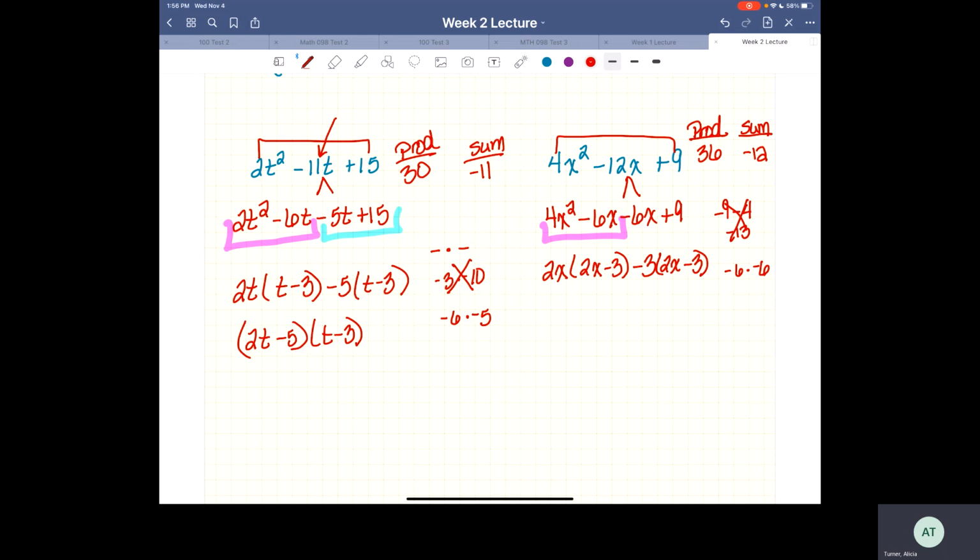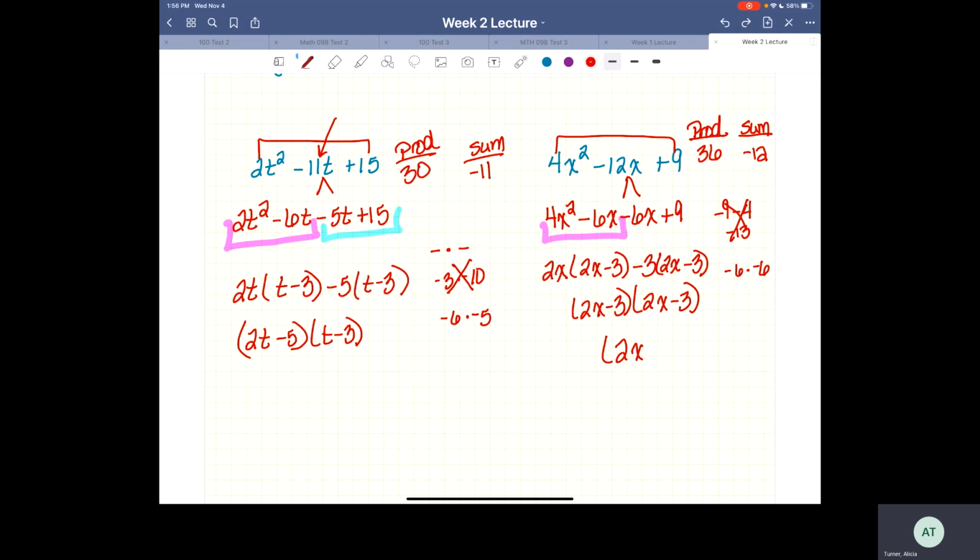gives me 9. Now, you still may not notice anything, and you may put your answer in and not notice anything. Hopefully at this point you will notice it, because here I've got 2x minus 3 times 2x minus 3. So what we have there is what we call a perfect square trinomial.